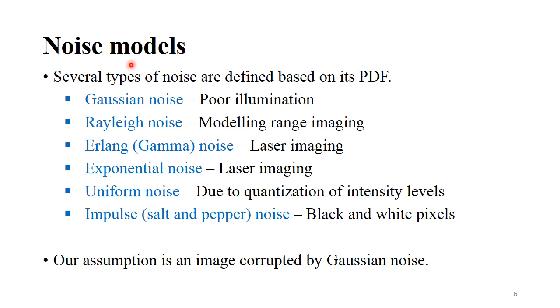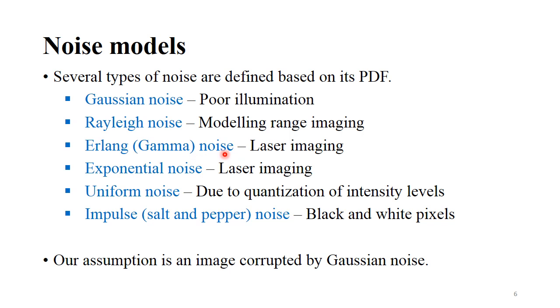Now coming to the various noise models and also the way they are obtained. Based on the probability density function, we define these many types of noise. Gaussian noise, which is due to poor illumination. Rayleigh noise, which we obtain in range imaging.